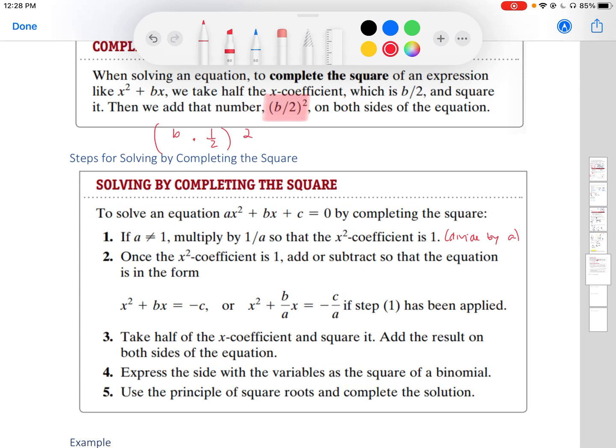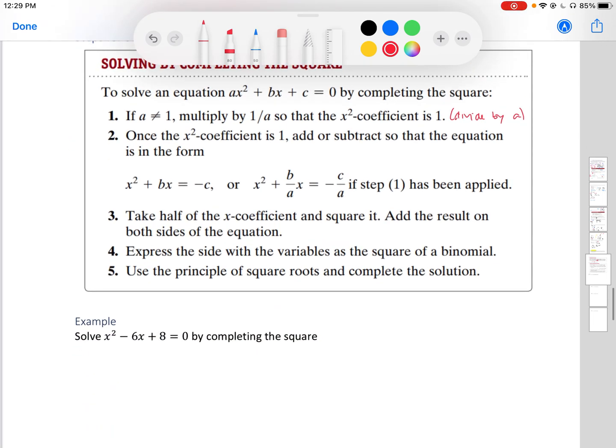Once x squared is 1, add or subtract to put the equation in the form x squared plus bx equals negative c, or x squared plus b over a x equals negative c over a. 3. Take half of the x coefficient and square it, and add the result to both sides. 4. Express the side with the variables as a square of a binomial, and use the principle of square roots to complete the solution. All right, let's go ahead and start with this problem.